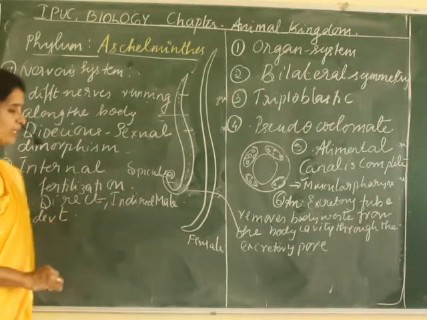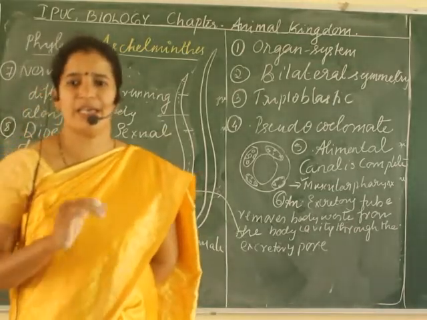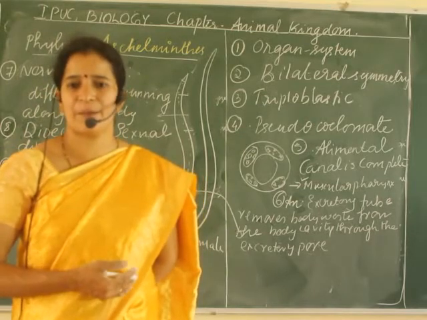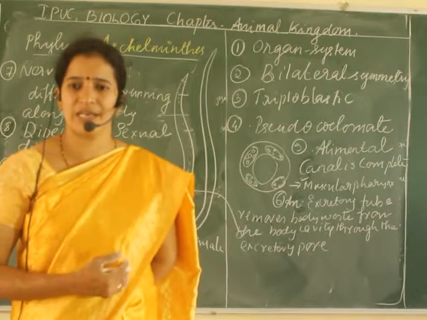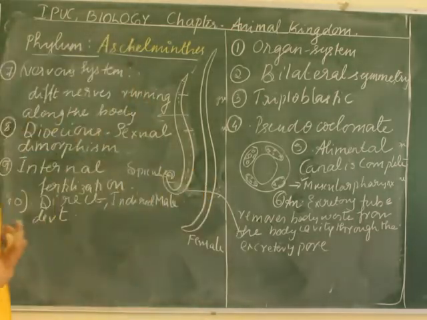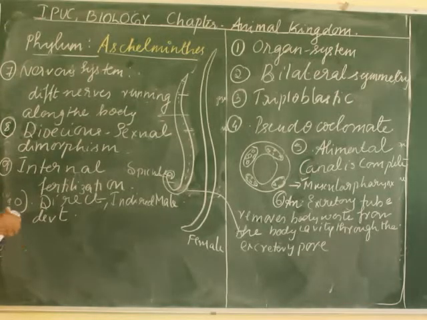Direct development means they will not have any larval stage. The young one will exactly resemble the adult. Whereas in indirect development, there will be a larval stage which does not resemble the adult. So in Aschelminthes, they have direct as well as indirect development.